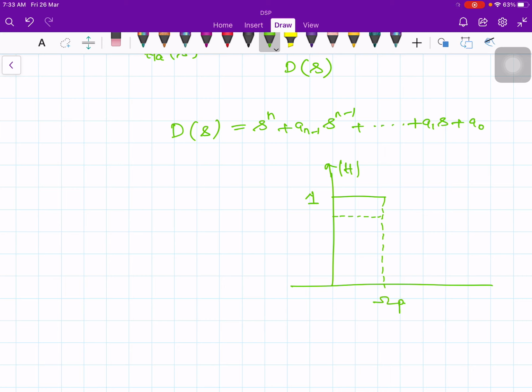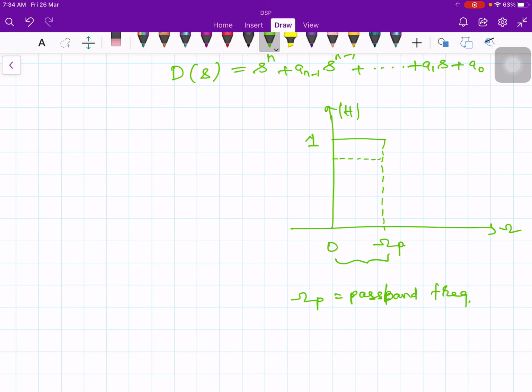The pass band is typically specified from 0 to omega p, and this is your analog frequency omega. We use capital omega for analog angular frequency, so this I can write as the magnitude of H_a(j omega).